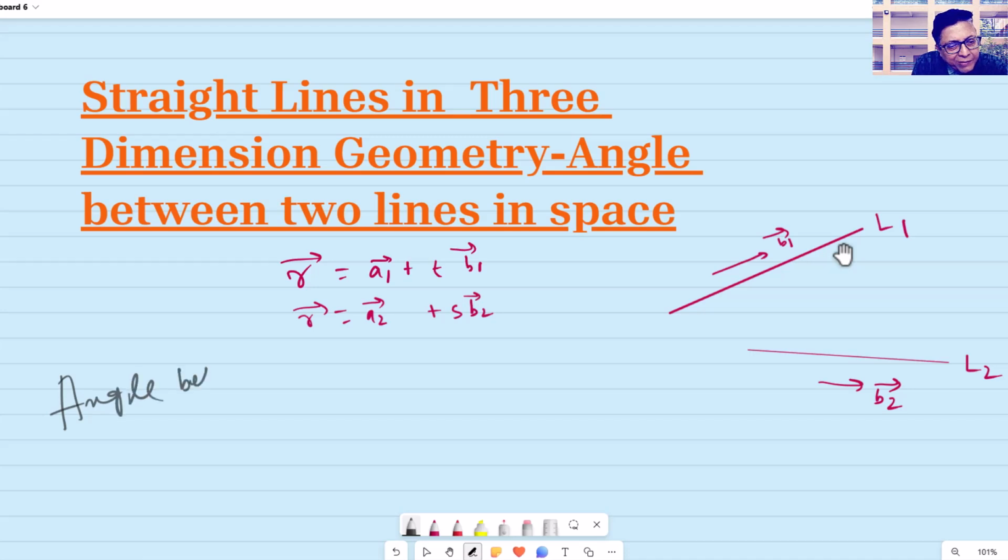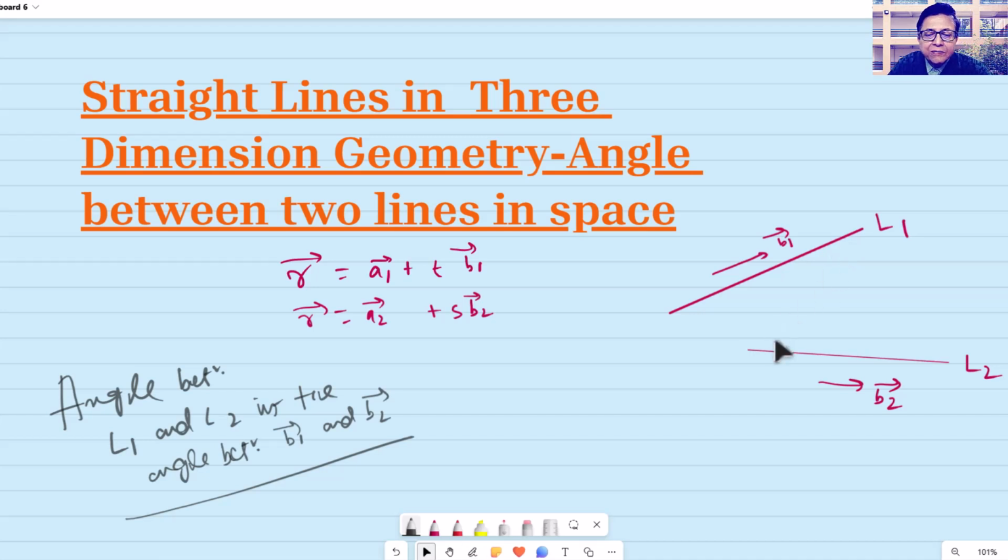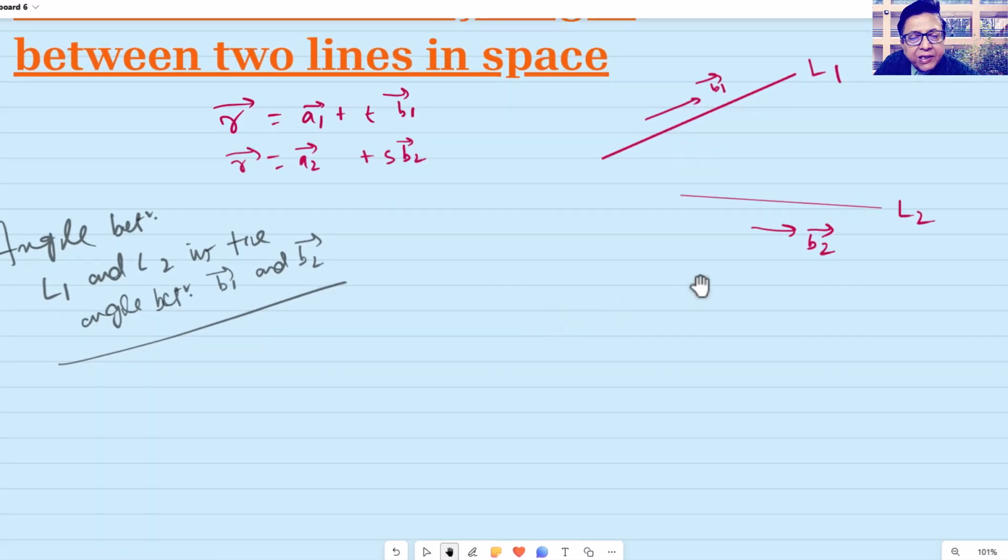So, angle between L1 and L2 is the angle between b1 and b2 here. So, we are going to find the angle between the vectors b1 and b2.